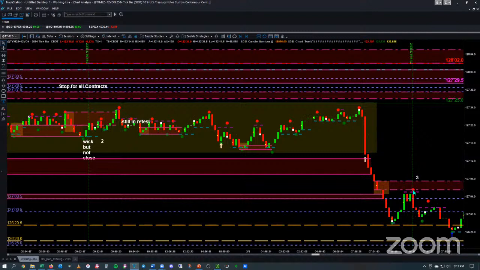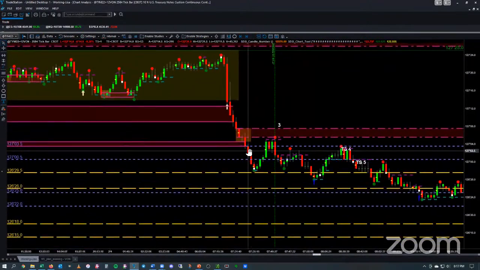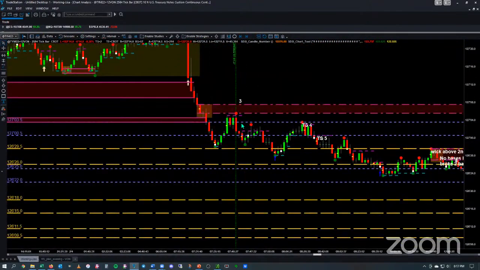Now this just touched the distal. In sim trading, you get filled, but in live trading, we all know sometimes we don't get filled. But for the purpose of this exercise, we just said we would be filled right there.